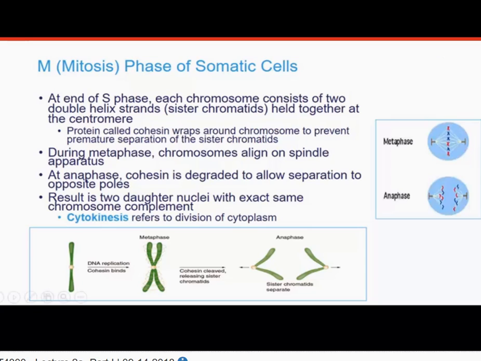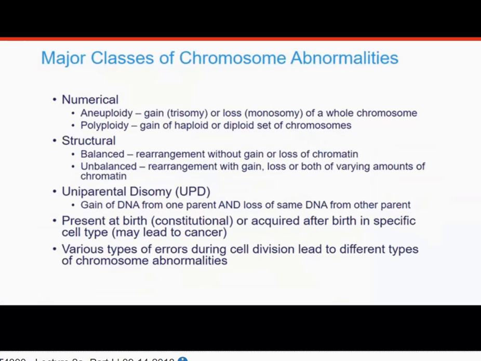And there are other proteins like cohesin that hold those sister chromatids together until it is degraded so they can separate during anaphase. Okay, so we have all that as a background.